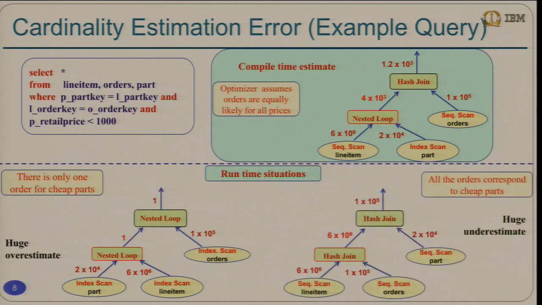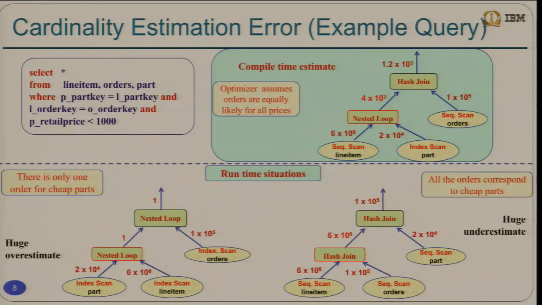Or it could be way off because, let's say, all the orders are actually for cheap parts, in which case you would actually do a sequential scan. You will not do an index scan anywhere, because you know that you have to look at every row of every table, right? So the optimal plan looks very different from the actual plan.